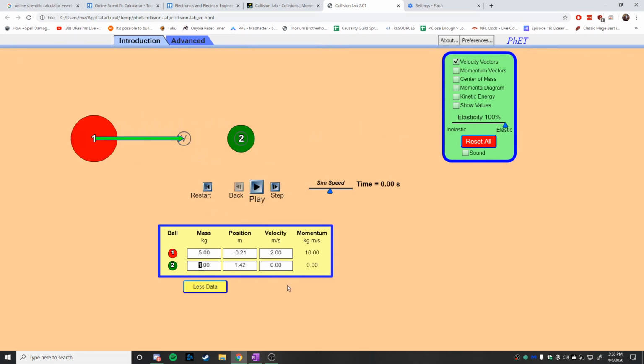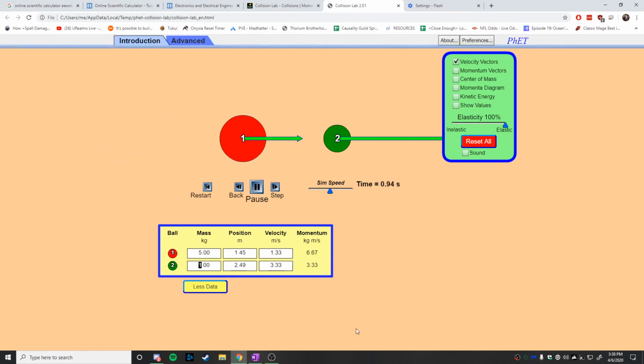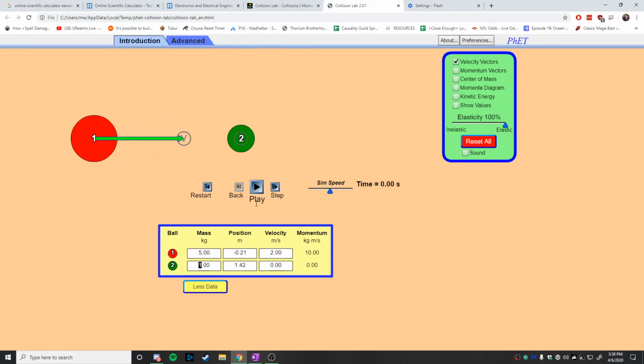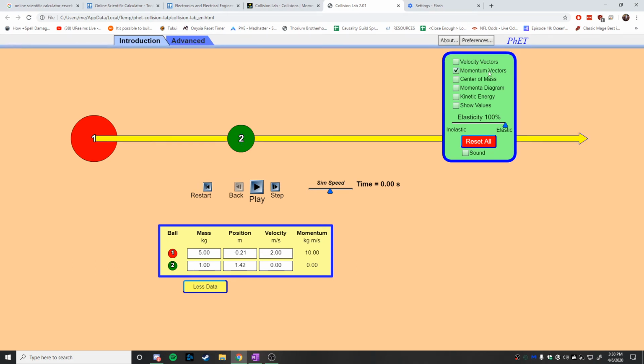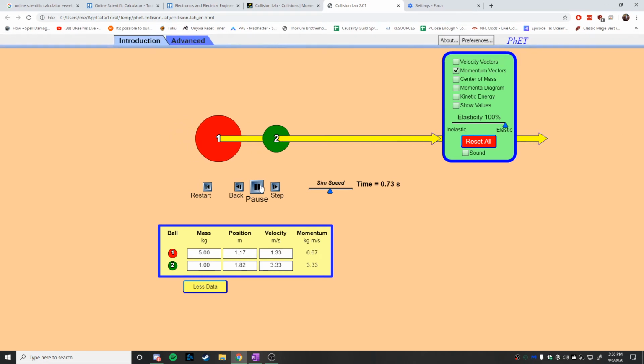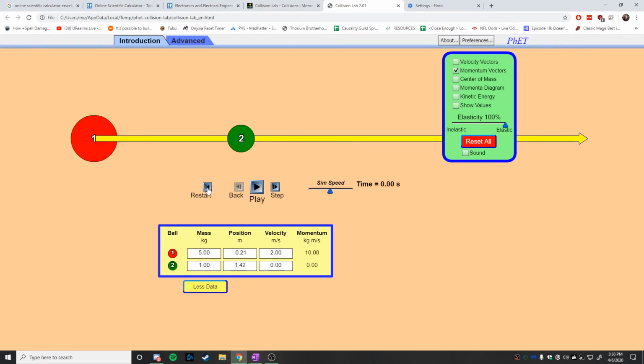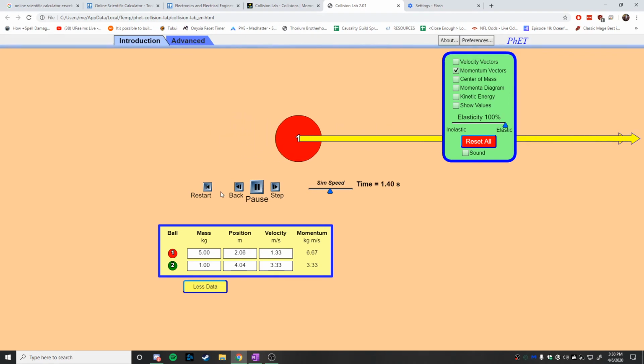They both experience the same change in momentum. So ball 1 slows down, it loses some fraction of its speed, but the momentum of the system basically remains constant. Now I haven't been showing these, but I want momentum vectors. I don't know if that even shows it.